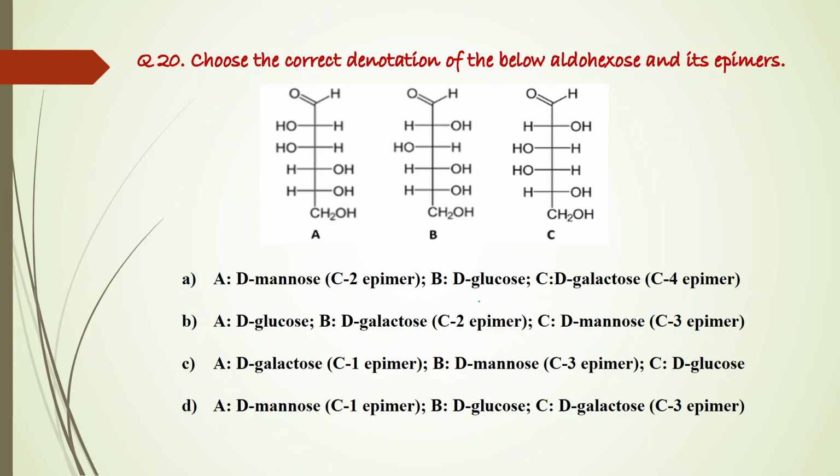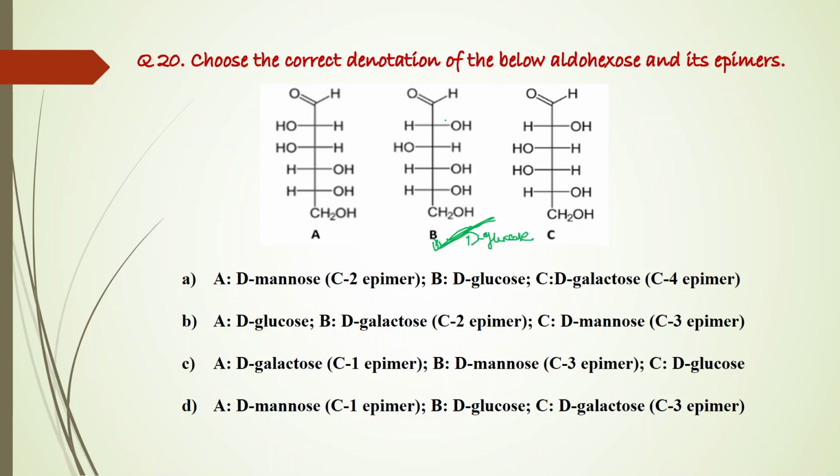That is why we call them epimers. Among these three structures, which one is very easy for all of you to identify? This one, B, because it is nothing but the structure of glucose. This is D-glucose.